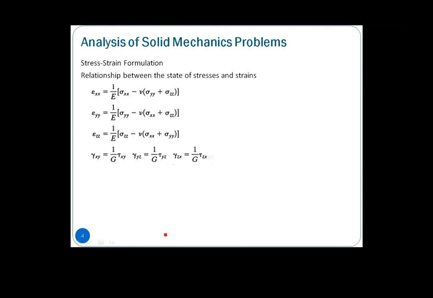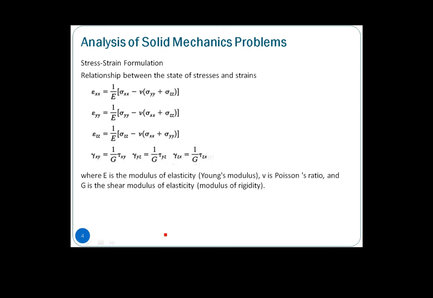The relationships between the state of stress and strains we have also learned before. So you could have epsilon x, with contribution from the normal stress in x direction, as well as normal stress in y and z directions.